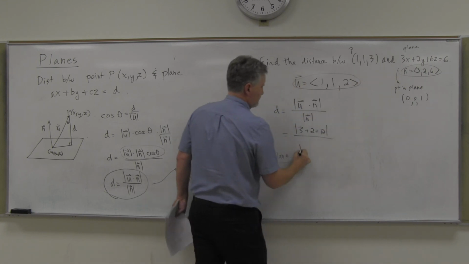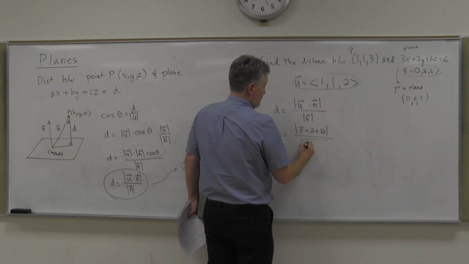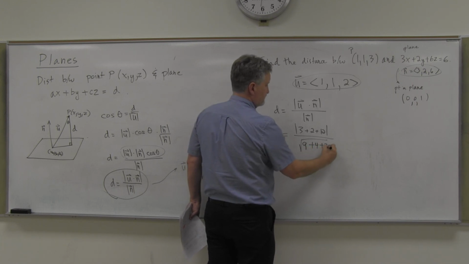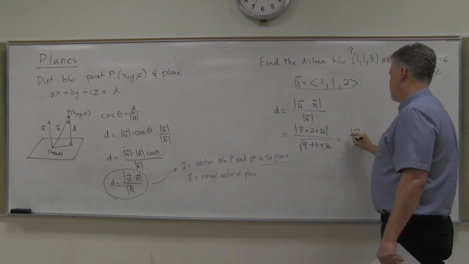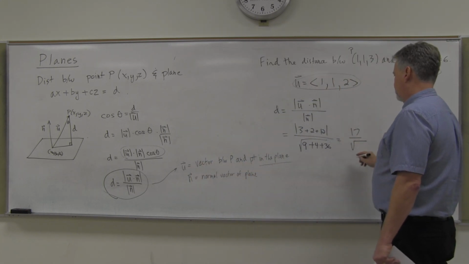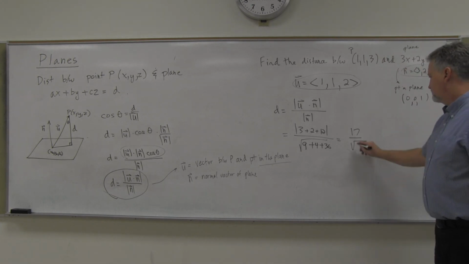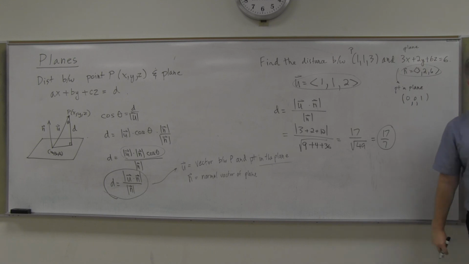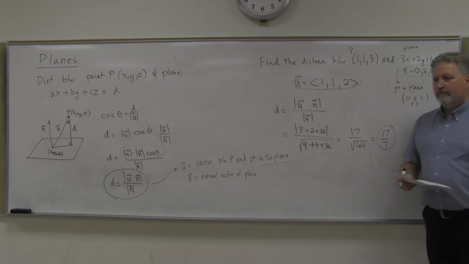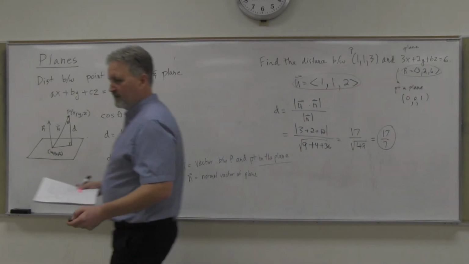Magnitude of n would just be the square root of the squares of those added together: 9 plus 4 plus 36. That's going to be 17 over the square root of 49. 17 over 7. Always come out that nicely. How's that sound? It's not too bad.